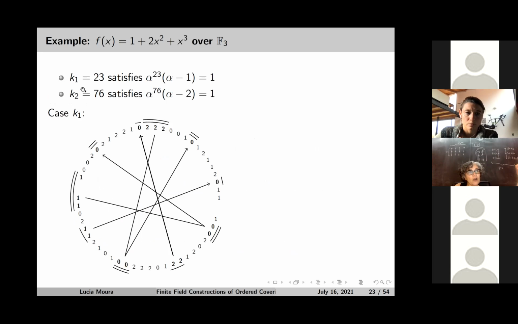When I advance in the sequence exactly k1, I will get the subtraction of these consecutive elements appearing here. And then I will get a run of zeros of length 1 less. And then when I do this again, I advance k1 in the sequence, we prove that we will get a run of zeros of size 1 less.